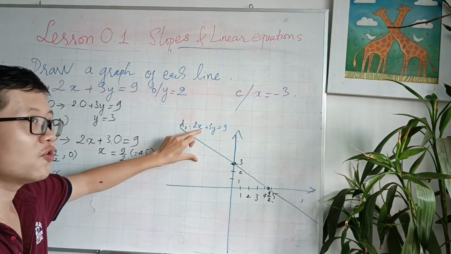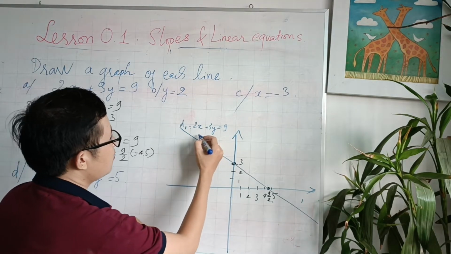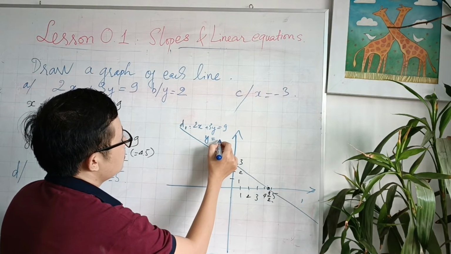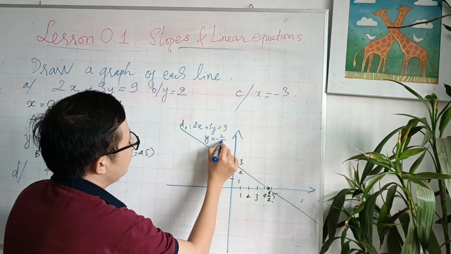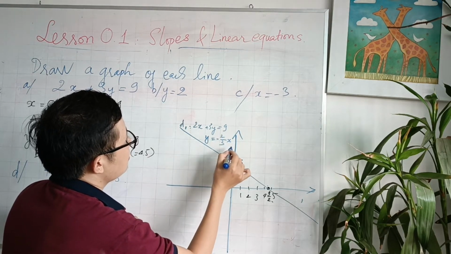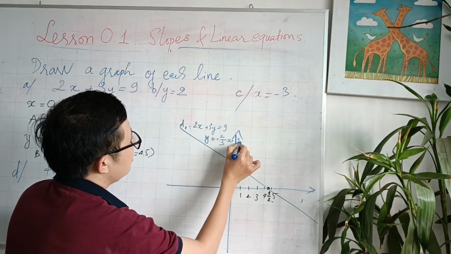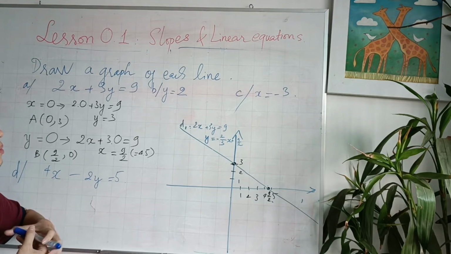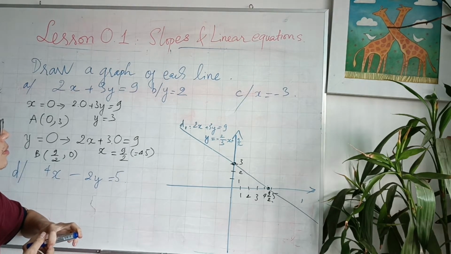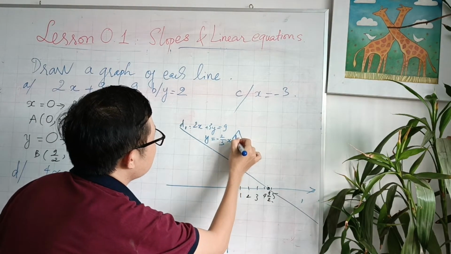I want to rewrite this linear equation in slope-intercept form, so we can write y equals negative 2 over 3 x plus 3. Okay.